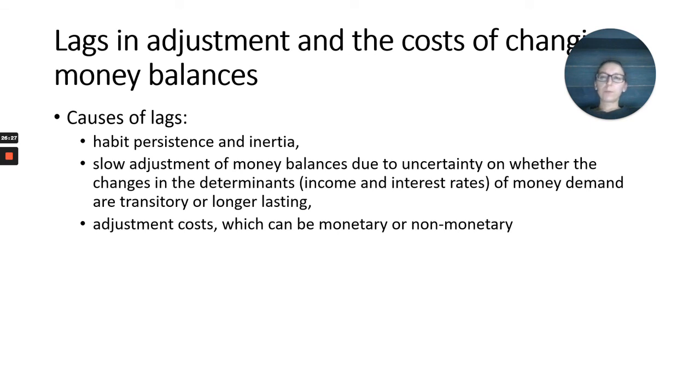The problem which we need to discuss at the end when estimating the demand for money is lags in adjustment. When we build a statistical or econometric model, we assume very often that everything happens suddenly, but in reality, normally we have lags in adjustment.